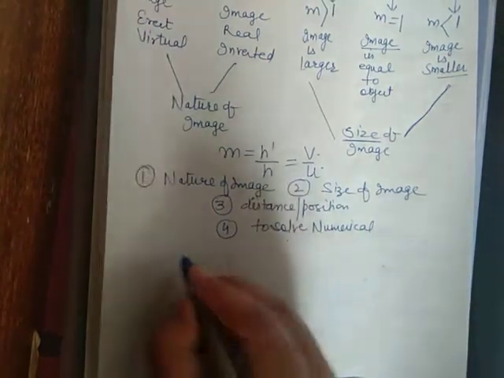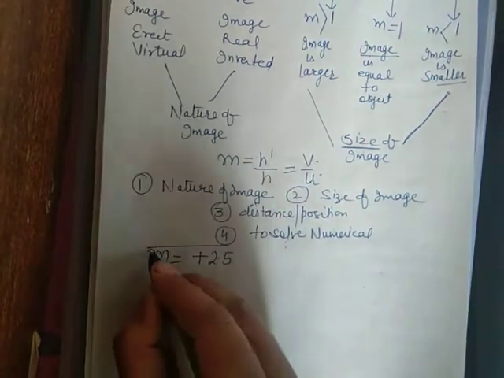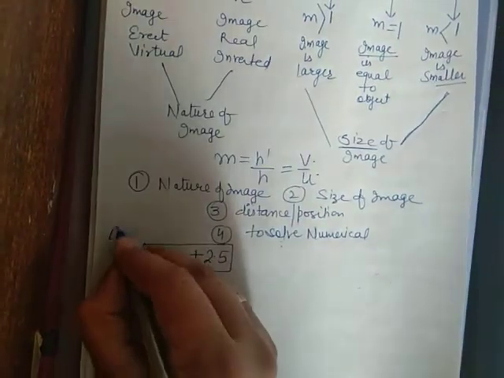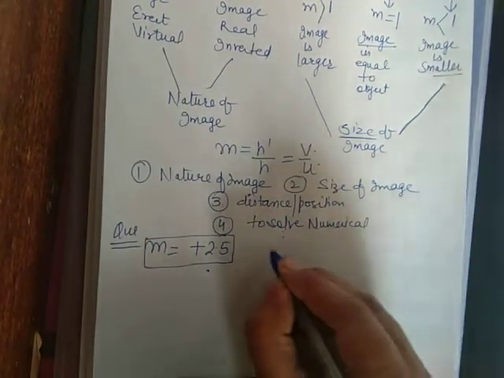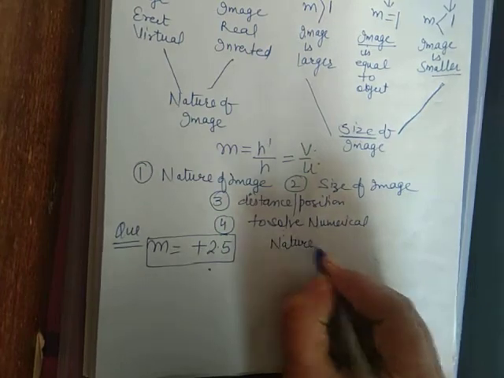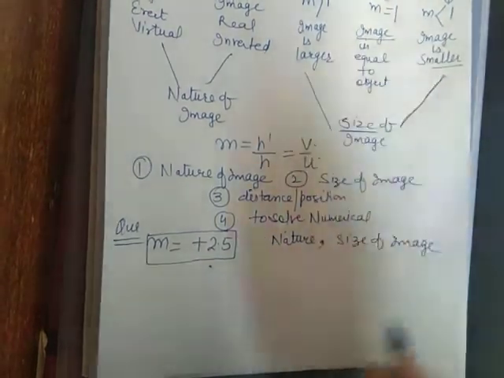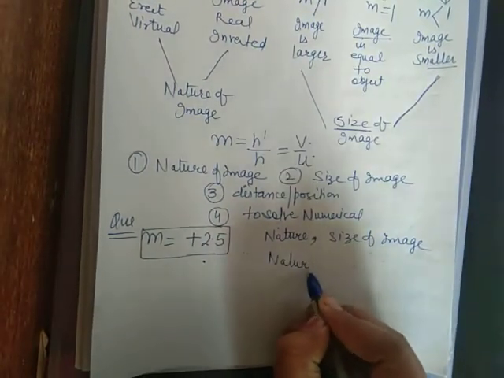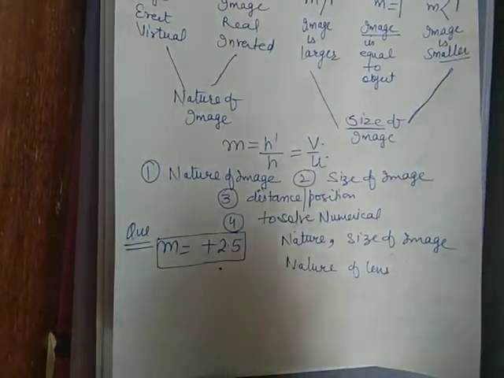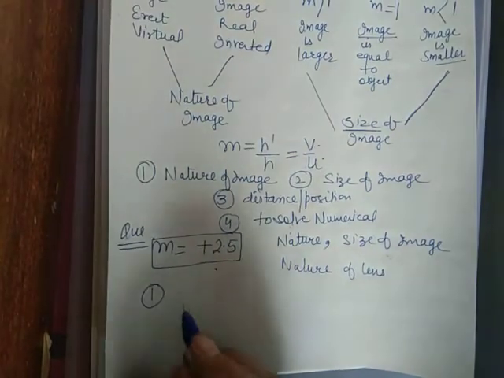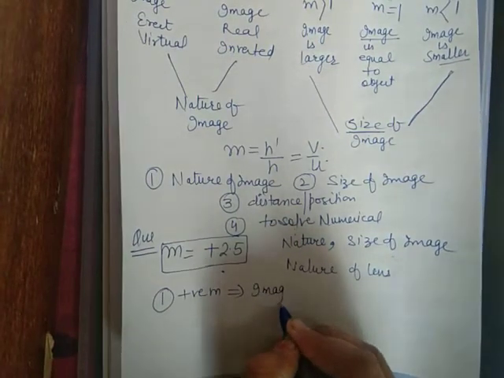Let us consider the case when m is equal to plus 2.5 is given to you, then what information can you receive? M is given to you as plus 2.5, you have to find out the nature of image, size of image, as well as nature of lens. Number 1, m is positive. Positive m indicates that image is erect.